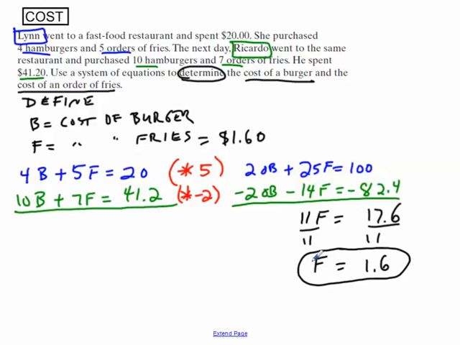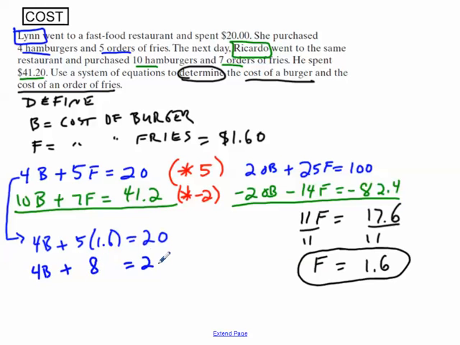Now we take f equals 1.6 and substitute back into any one of these equations. Probably one of these two over here, because these are the simpler ones with smaller numbers. I guess I'd choose the blue, Lynn's equation, because it has smaller coefficients. 4b plus 5 times 1.6 equals 20. 4b plus 8 equals 20.